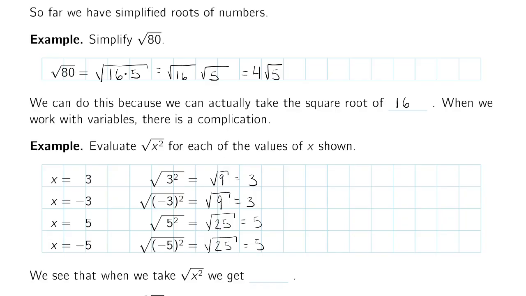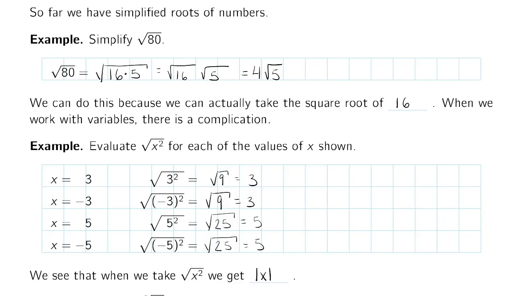But when we have a negative number, we square it and we get a positive number. And then when we take the square root, we get the positive square root. If we take the square root of x squared, we don't get x back. We get the absolute value of x. Whatever x was, we make it positive now.